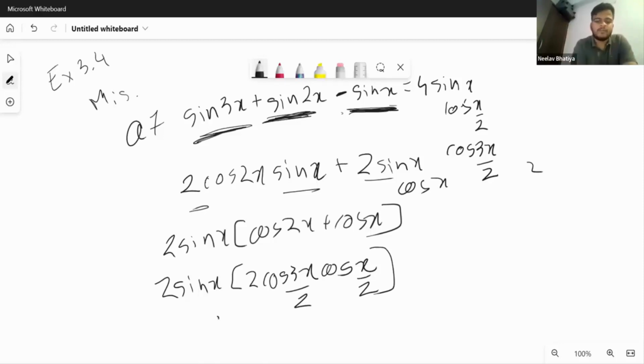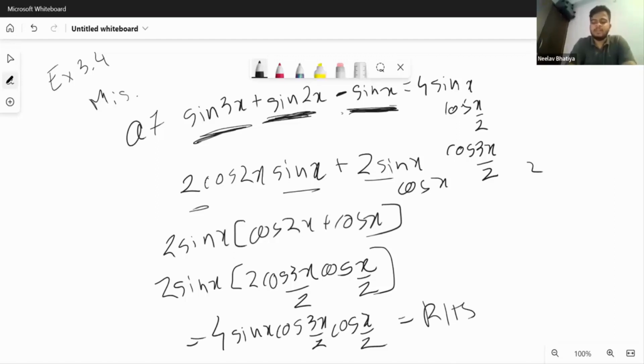At the end, what you are left with is 4 times sin x cos 3x by 2 cos x by 2. That is the thing. Correct. And that is equal to our RHS as well. And the question is solved. Correct. Moving on to the 8th question.